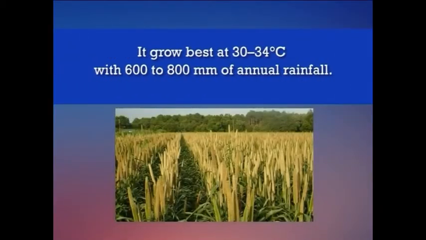Now we will discuss its climatic requirement. Pearl millet can grow in a wide range of ecological conditions and yield reasonably well even under unfavorable conditions of drought and high temperatures. It grows best at 30 to 34 degrees Celsius with about 600 to 800 mm of annual rainfall.